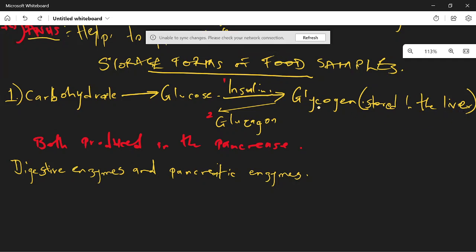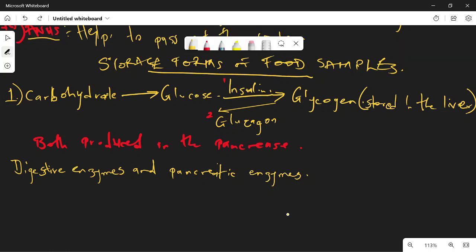And when the body is deficient of glucose, the glycogen will be converted back to glucose by another enzyme called glucagon.